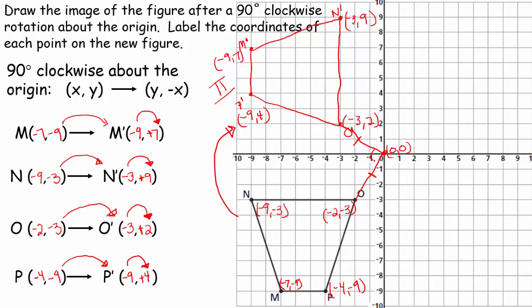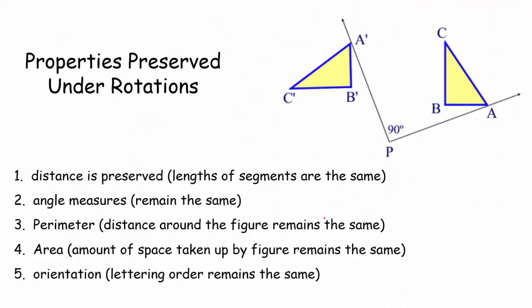Notice what kind of an angle we have definitely produced here. It looks like a 90-degree angle. So does it match everything we've talked about so far? It's a 90 degrees clockwise, going to the right, rotation about the origin, which means it's pivoting about the origin.